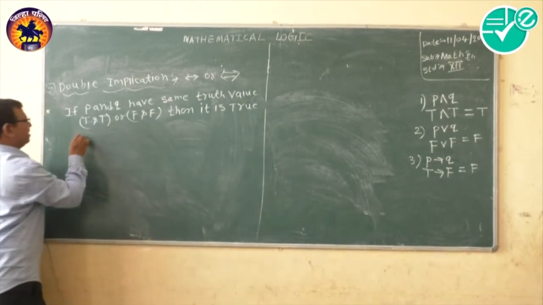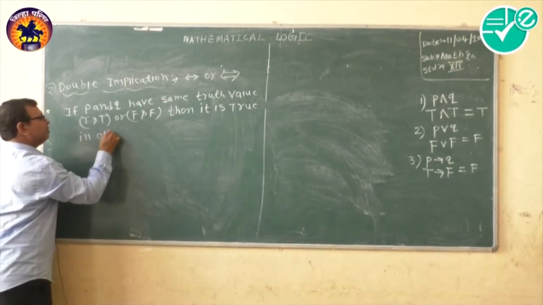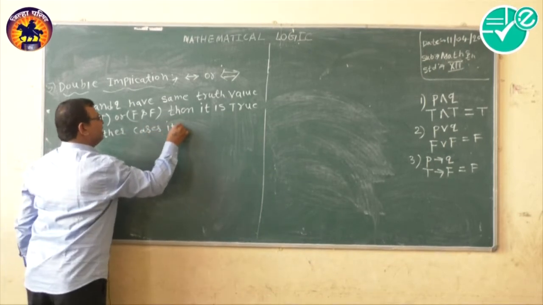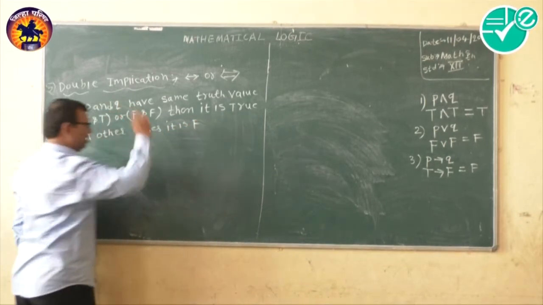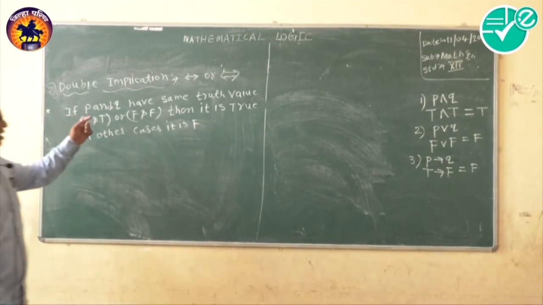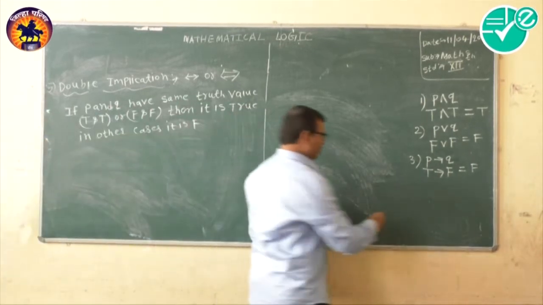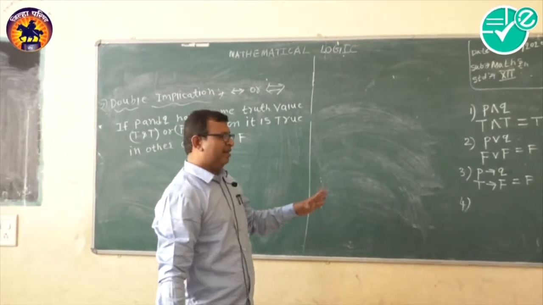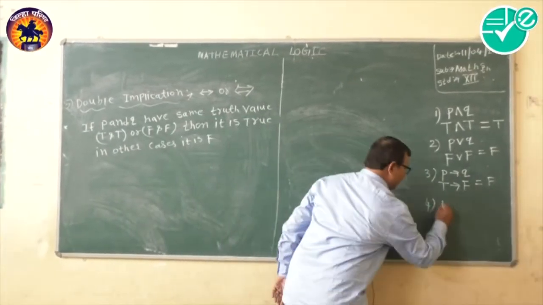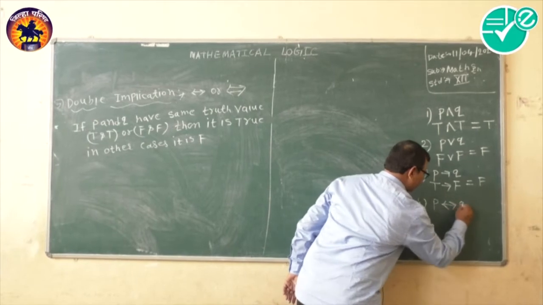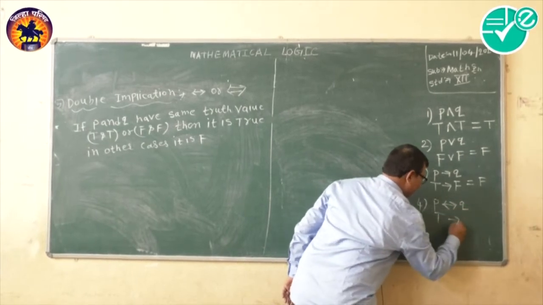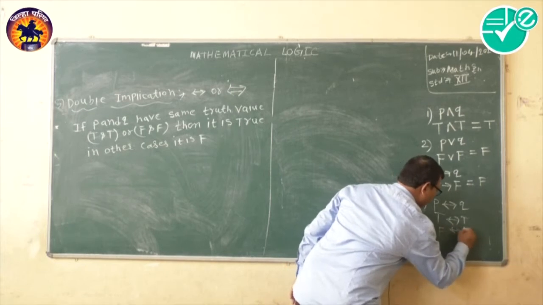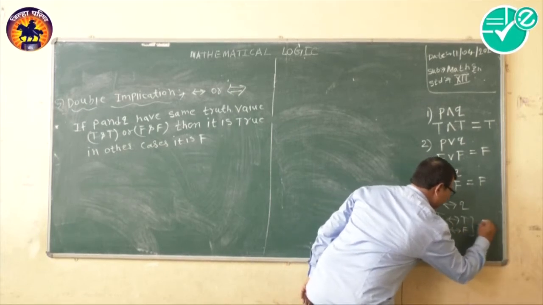In other cases, it is false. From this, the fourth one, which is the important thing we have to remember, is P double implication Q: true-true and false-false, that is true.